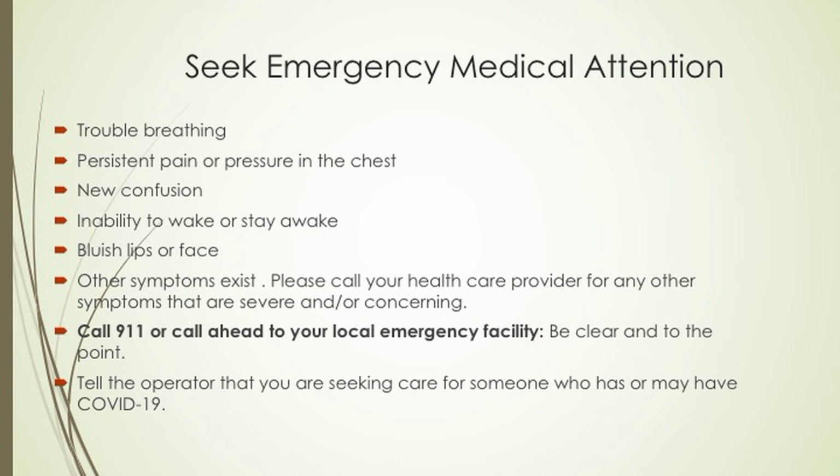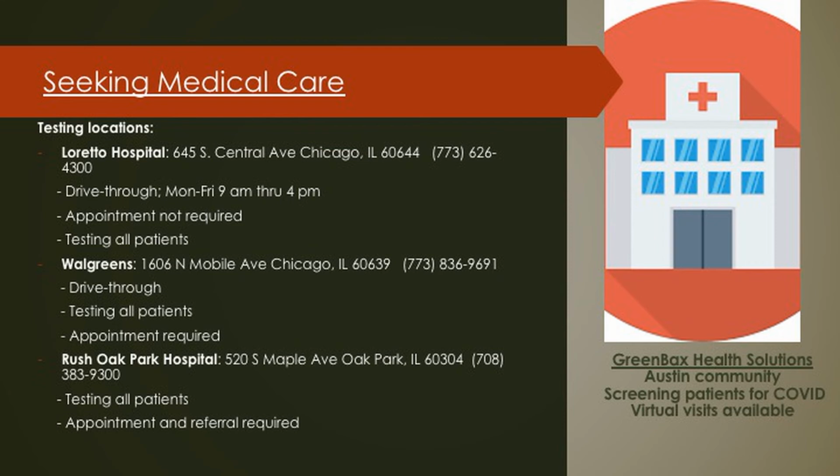Those are scary signs, or your lips are becoming blue and your face is becoming blue. So these are extreme symptoms, and during these times, you're supposed to go to the emergency room, alert them that you're coming, and if possible, have someone assist you with getting there. You do not, again, want to use public transportation.